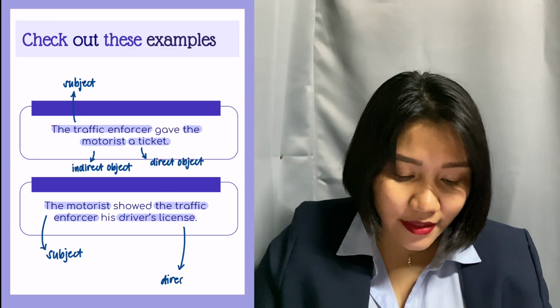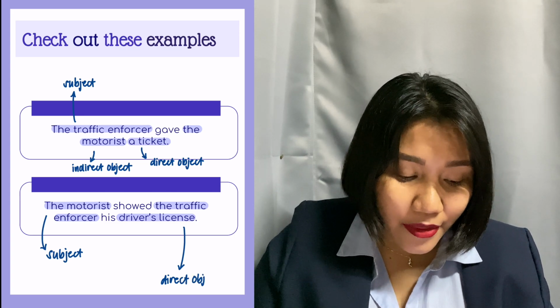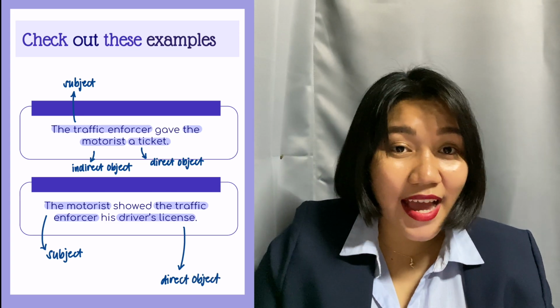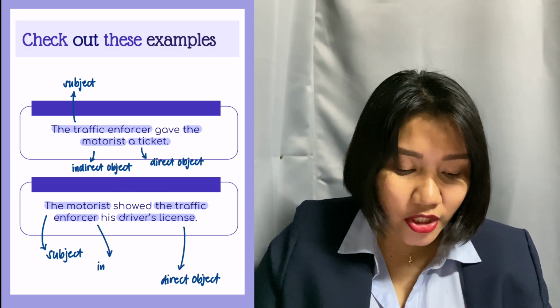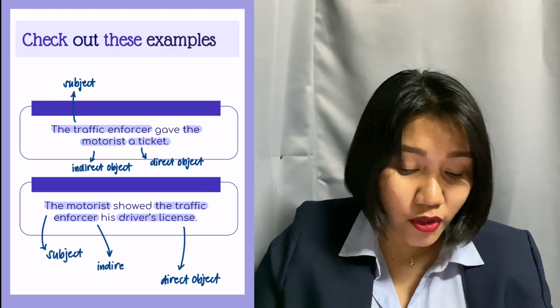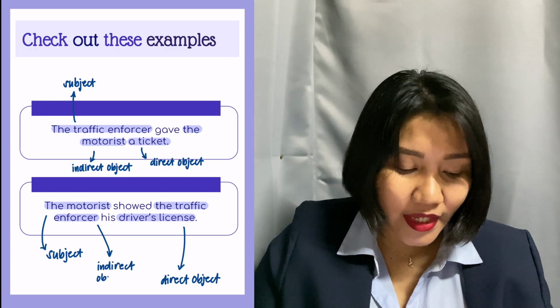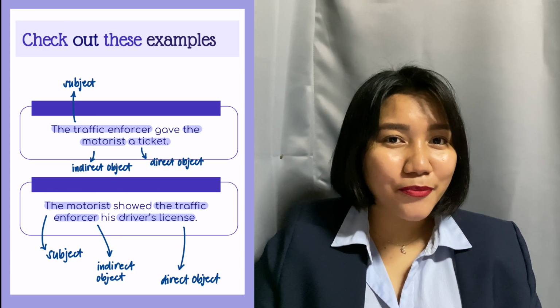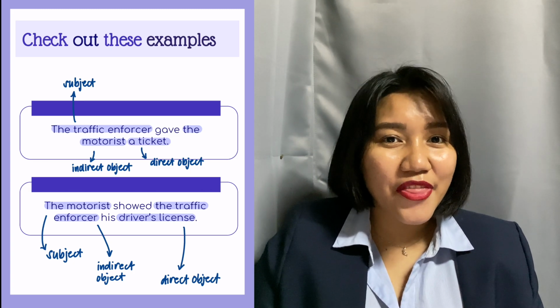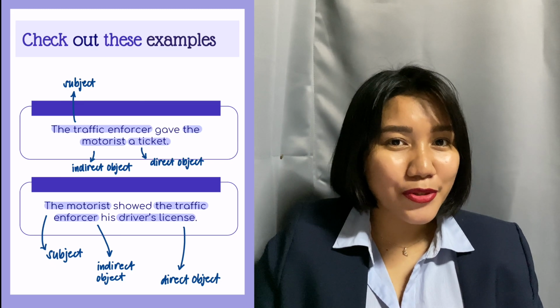And the last noun in the sentence, the traffic enforcer, functions as the indirect object as it answers the question the motorist showed his driver's license to whom? The traffic enforcer. Indirect objects can also be found in prepositional phrases that begin with for or to.